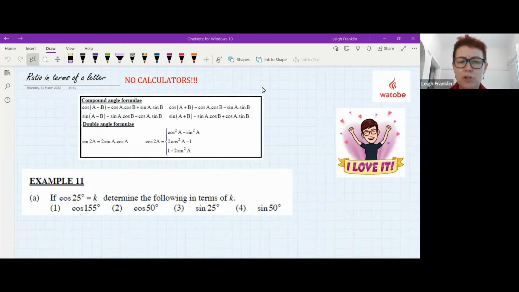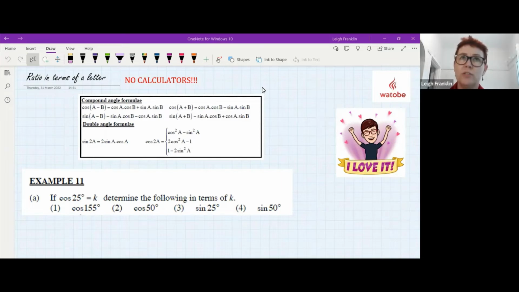And because you're going to be working with a particular letter, we only work in terms of acute angles. So when you are doing ratio in terms of a letter, unlike with Pythagoras, you don't first have to decide which quadrant you are working in, because all of these are acute angles. The presumption is when we do ratio in terms of a letter, we are always working in quadrant number 1. So that's the first thing.